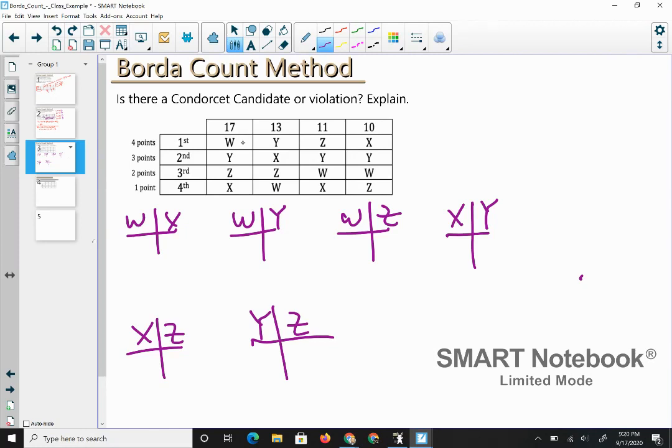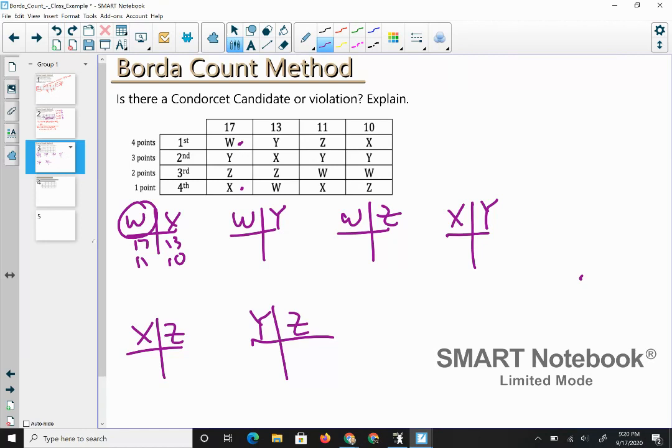So if we're looking at just W and X, we see that W gets 17, X gets 13, W gets 11, and X gets 10. That's 28 to 23. W wins that head-to-head competition.